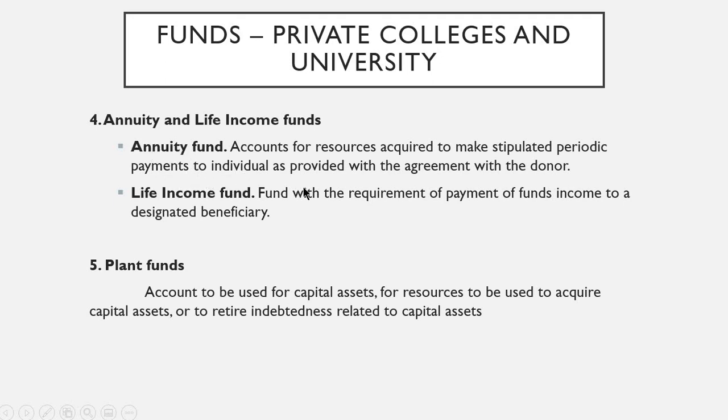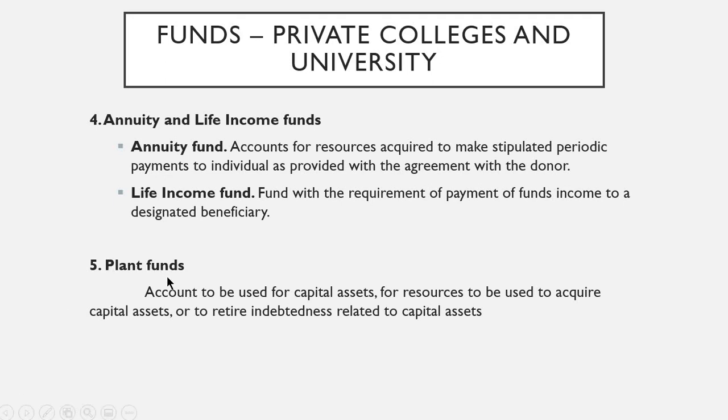Life income fund naman, if the requirement is payment of fund income to a designated beneficiary. So kapag yung income ng fund na yun is for a designated beneficiary, usually until the death of the beneficiary, makaka-receive siya ng income payment from that fund.